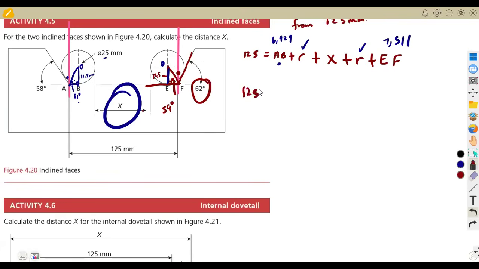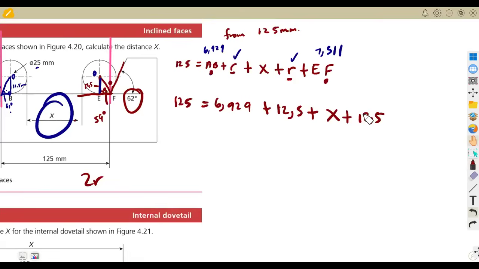So it's going to be 125 is equal to AB. We calculated AB as 6.929, plus the radius. Here you can even write 2R, which is fine, or you can just take your radius. Remember your radius, when you divide it by 2, was 12,5. So this will be 12,5 plus X, which is the one that we are supposed to calculate, plus the radius, still the same thing, 12,5. Plus EF, which we calculated as 7,511.